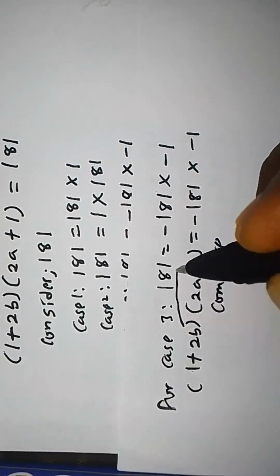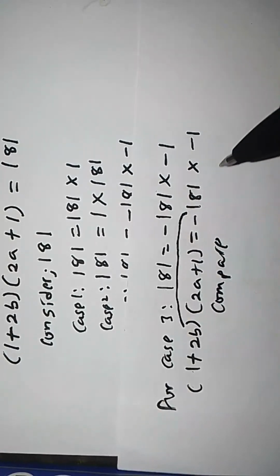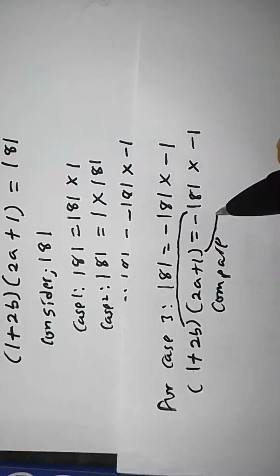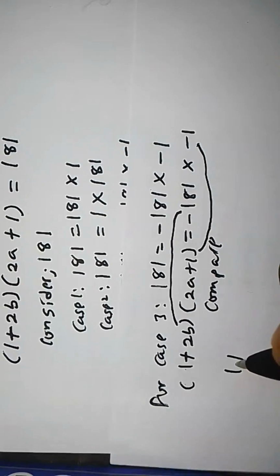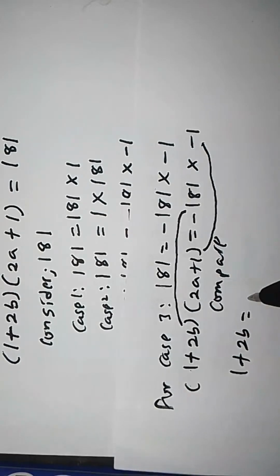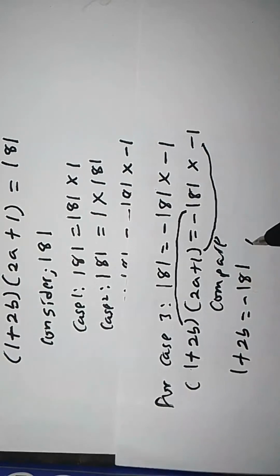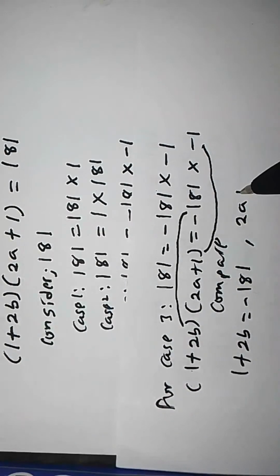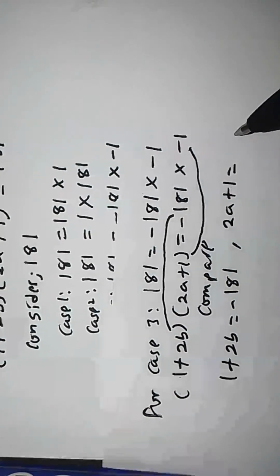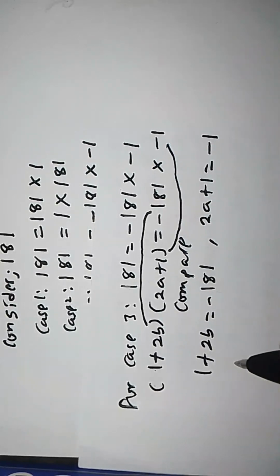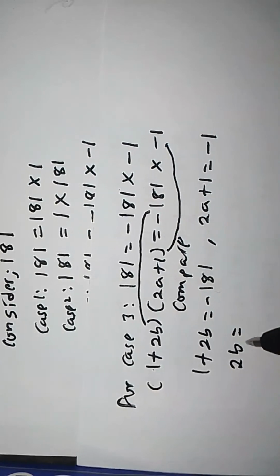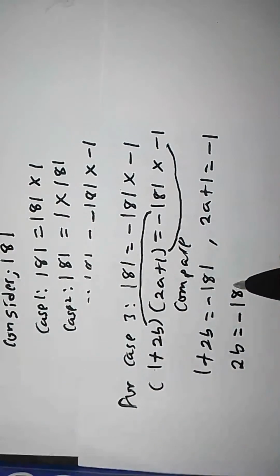If we compare, 1 plus 2b will be equal to minus 181 and 2a plus 1 will be equal to minus 1. From this line, 2b equal to minus 181.